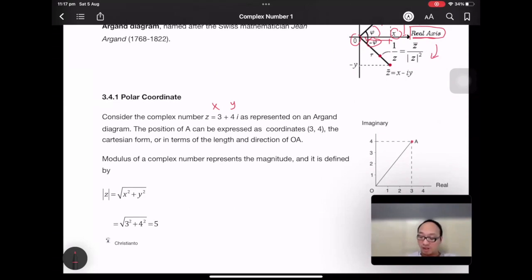This is 3 plus 4i, 3 on the x-axis and 4 on the y-axis. So the modulus of the polar coordinate is r, or absolute z. So it's the square root of 3 squared plus 4 squared, from x squared plus y squared, equals 5. So the length is 5.